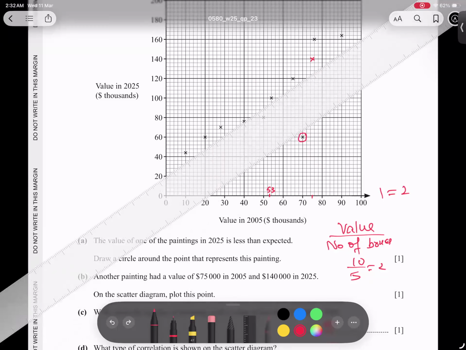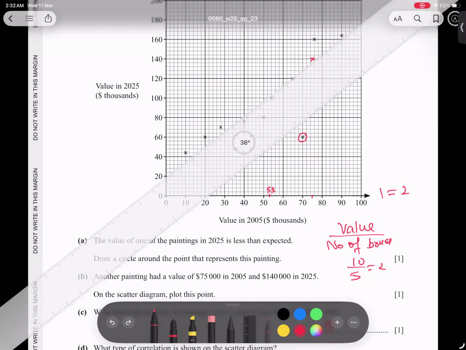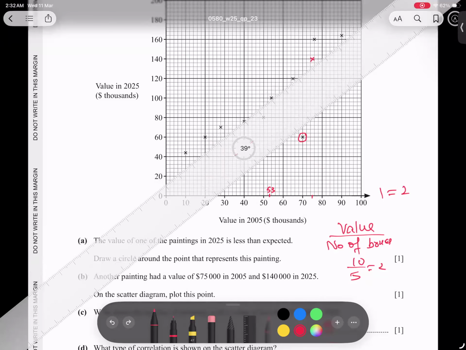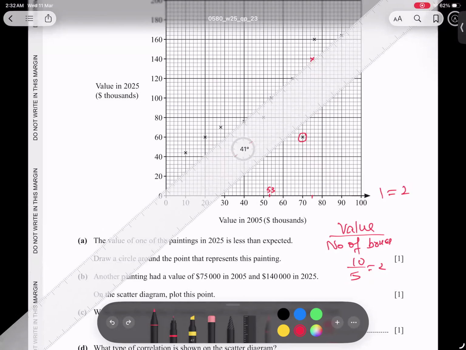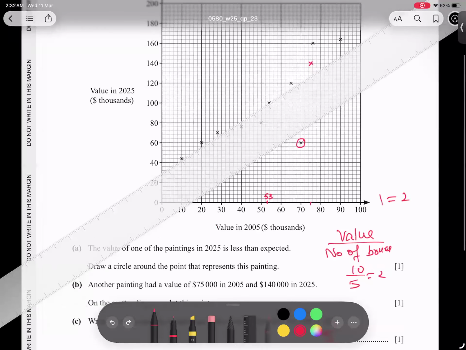But if I make it, what is the criterion? The number of points above must be almost the same as the points below. I think this is not the best, because the majority of points are above. Let me check again, though it's not asking to make it.